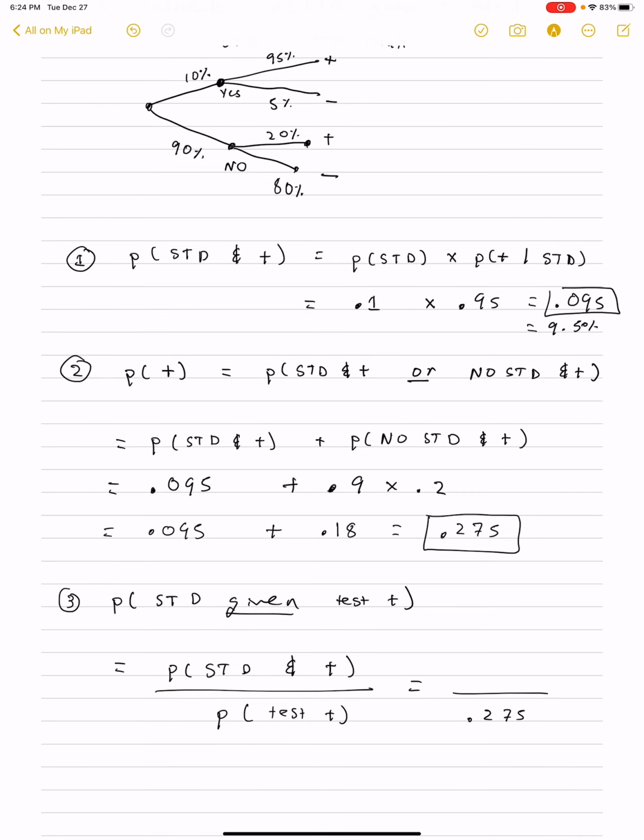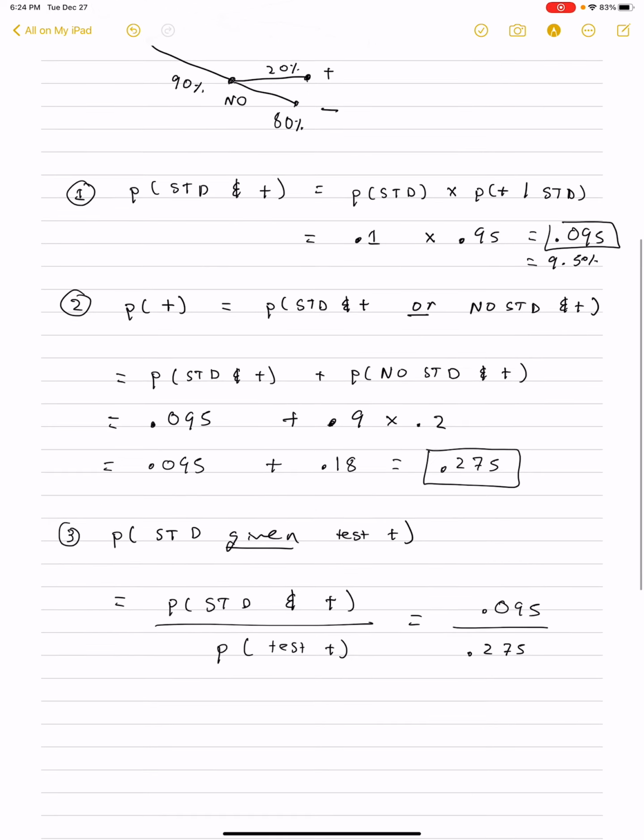That's 0.095. And this gives us the following probability. It's 0.345, about 35% chance that you do in fact have the STD.